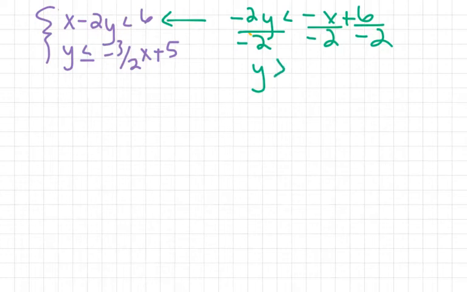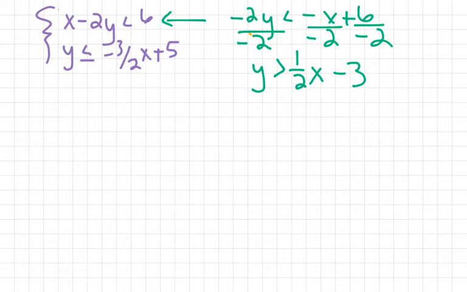Y is greater than 1/2 x, and then 6 divided by negative 2 is minus 3. So there's our first equation. Our second equation looks like it's in simplest form, y equals mx plus b, so we're good to go.